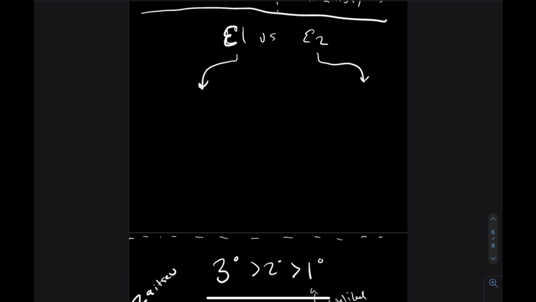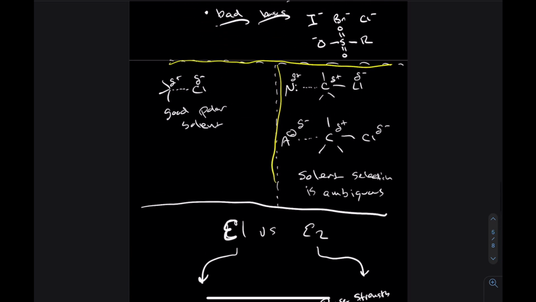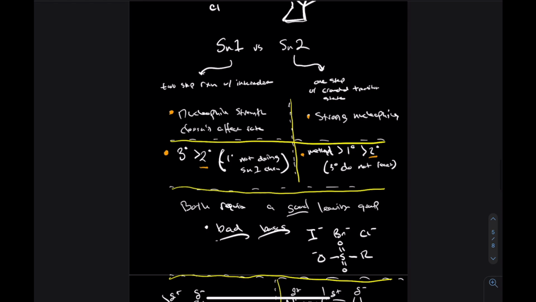In E2 elimination, bases are super important. Base strength is very important, because just like in your SN2 particulars up here, you have to have a strong nucleophile in order to get over that single giant step.